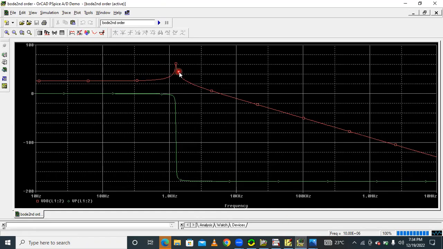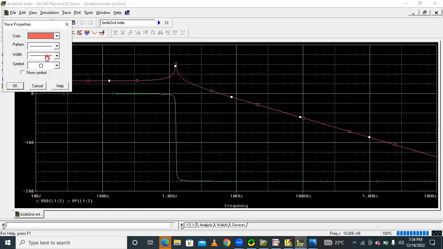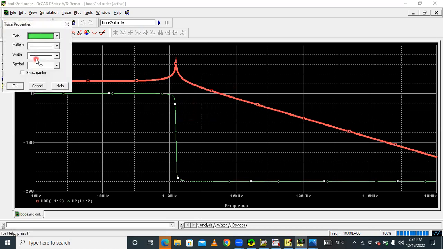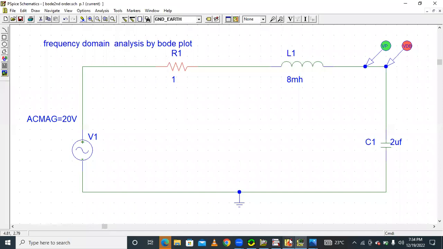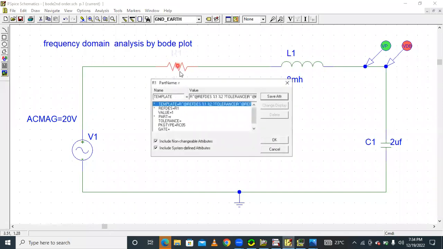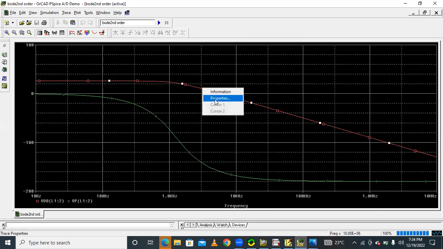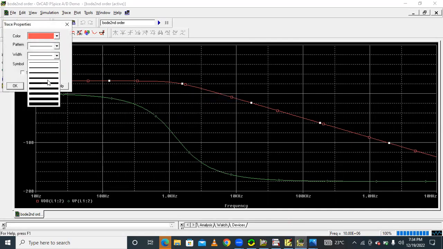Like this, the magnitude plot and phase plot appear. This is the magnitude plot for the critically damped system, and this is the phase plot for the critically damped system. It changes in this way. Then if you increase the value of resistance to 100, simulate, and the waveform changes like this, the Bode plot and magnitude plot.